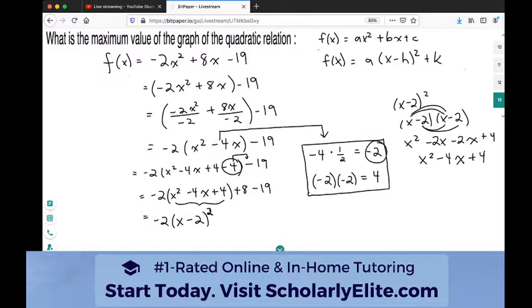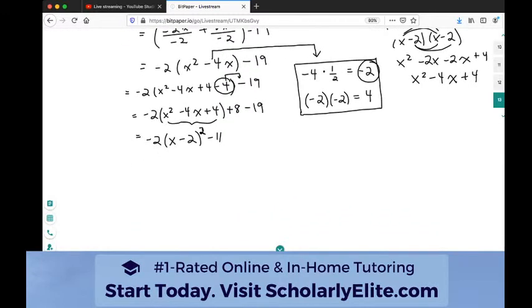And then positive 8 minus 19 is negative 11. So as you recall, our last answer was that the maximum value for this quadratic equation was at 211. Well, that makes sense because we are now in vertex form, which looks like this, if we recall. In this case, and every time we do something like this, we always use the opposite sign.